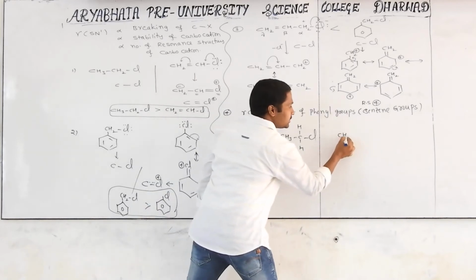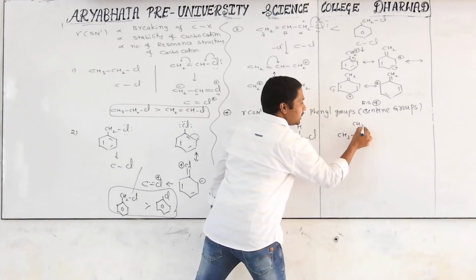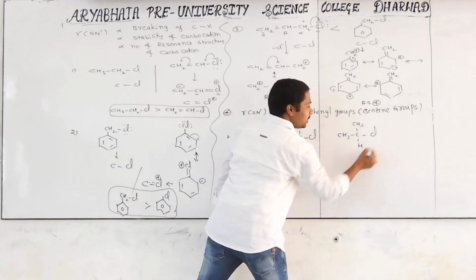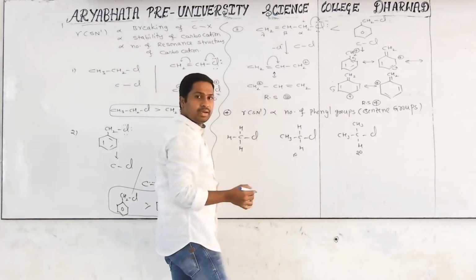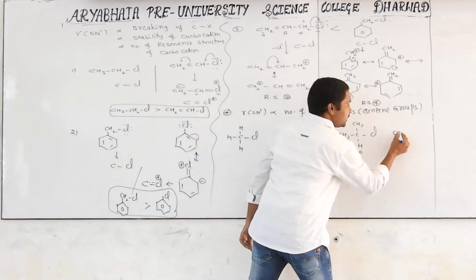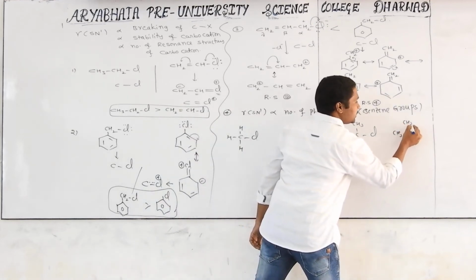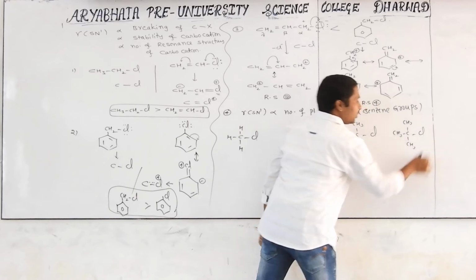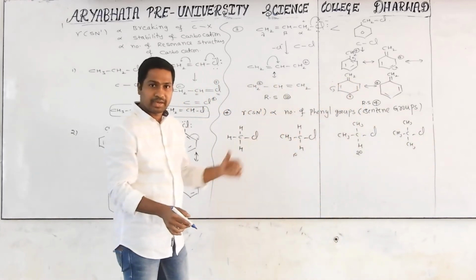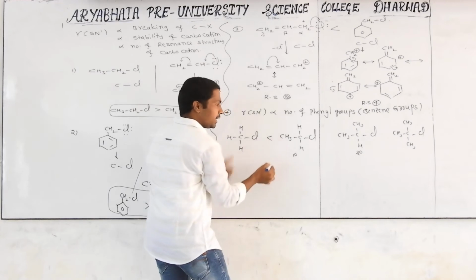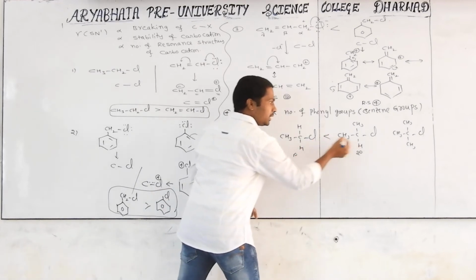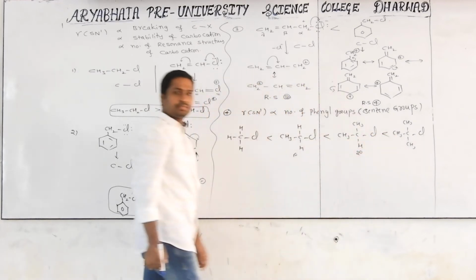After that, (CH3)2CHCl. What is this one? Secondary alkyl halide. Okay, write down tertiary, (CH3)3CCl. Already we studied the SN1 mechanism reactivity order. What is the order? Methyl chloride less than primary less than secondary less than tertiary.